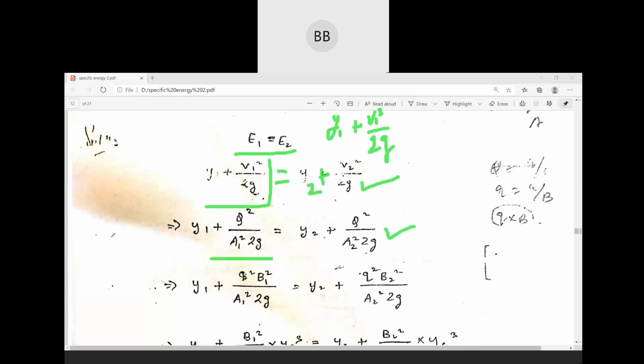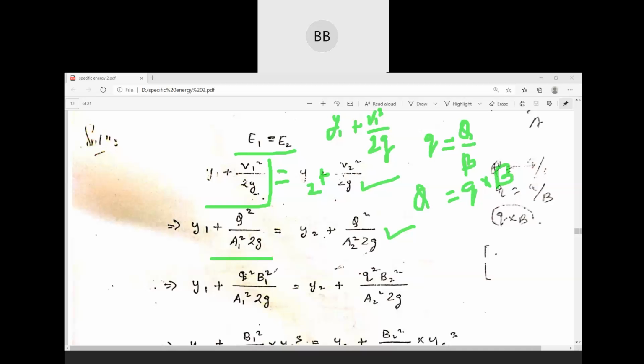Then again, q is equal to small q, that is discharge per unit width. So in place of capital Q, you can write small q multiplied by b. So we replace that Q value by small q multiplied by the width of the channel.